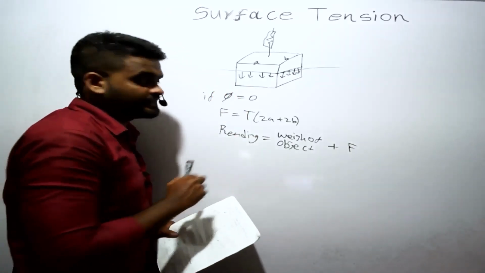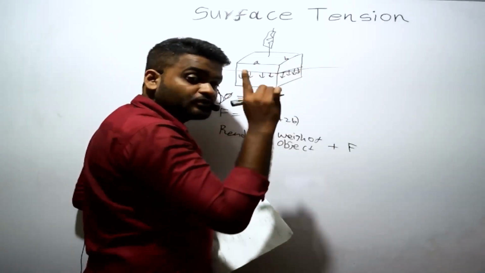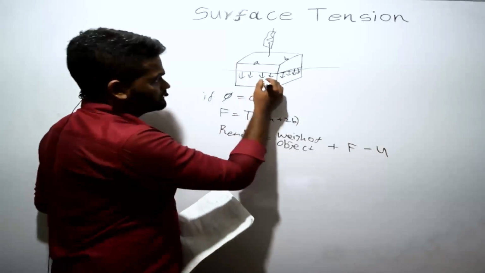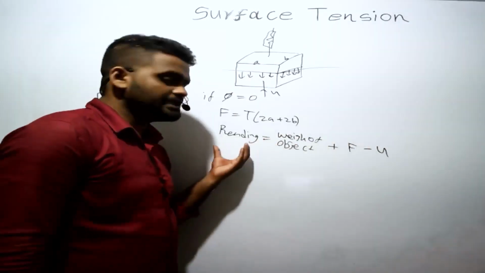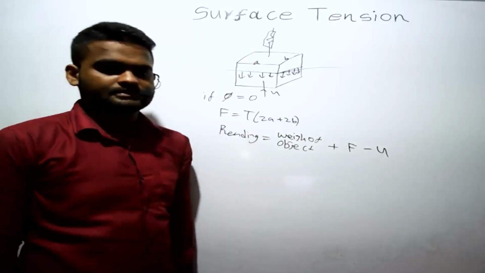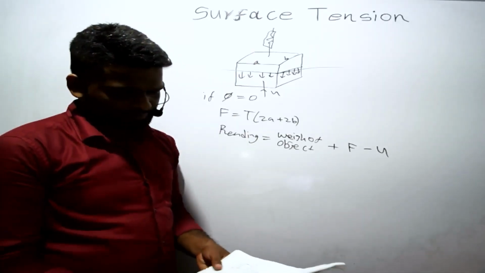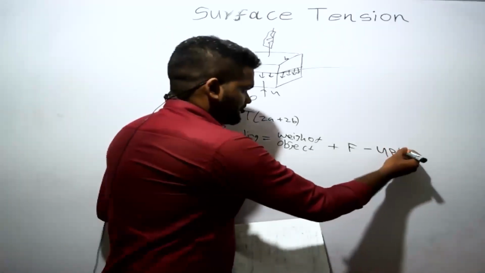What is that? Because now part of the object is immersed, there's going to be upthrust. Upthrust is acting upwards. Understood? So this must be the reading of the spring balance. Got it? Take this down.